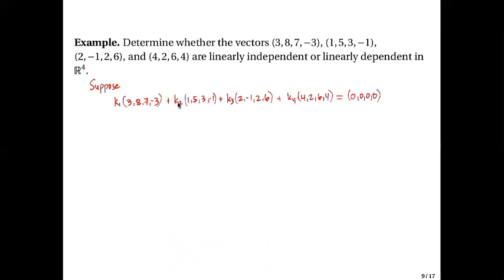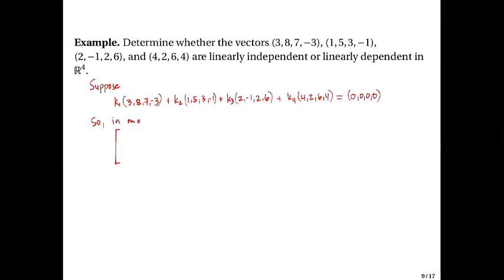So basically, k1, k2, k3, and k4 are all unknown things. So maybe this equation here can be transformed into the following. Okay? So this equation here can be transformed into a matrix equation.